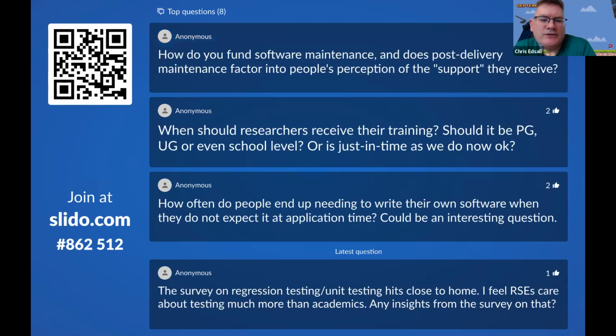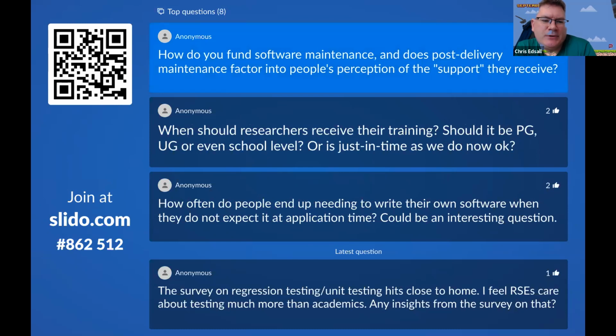How do you fund software maintenance? Does the post-delivery maintenance factor into people's perception of the support that they receive? Okay, so software maintenance, sustainability of research software is a huge challenge for the research community and the research software engineering community.